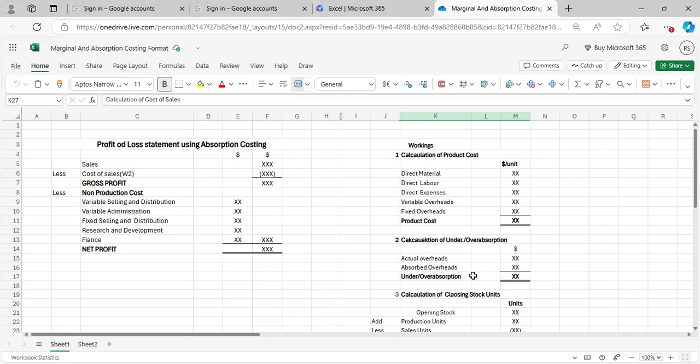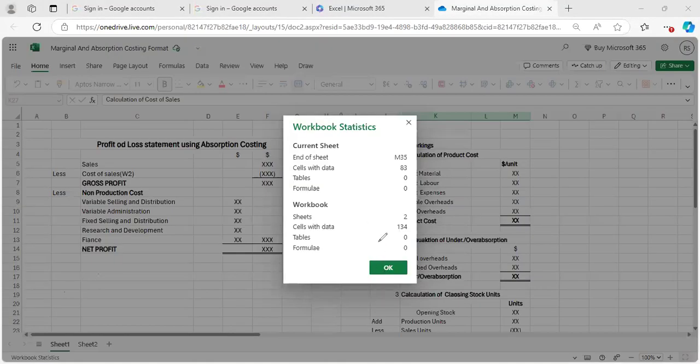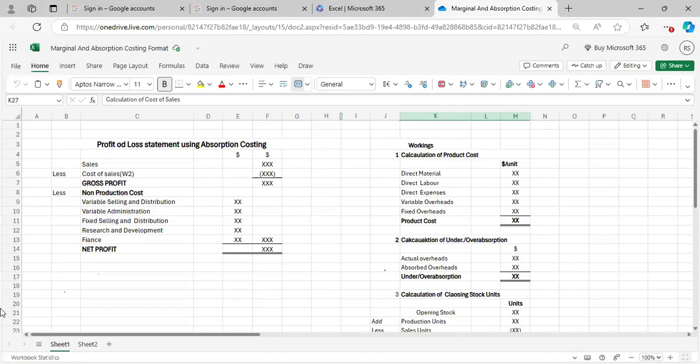The key point when we calculate under and over absorption in absorption costing is that when your budgeted production volume differs from the actual production volume, you will calculate under or over absorption.